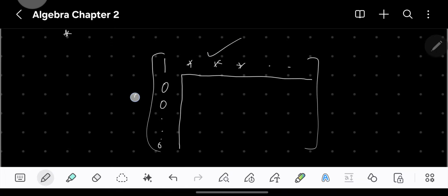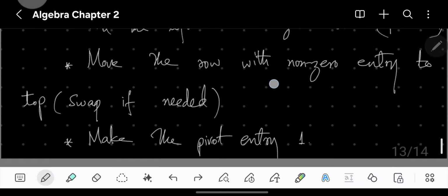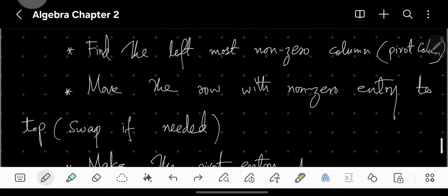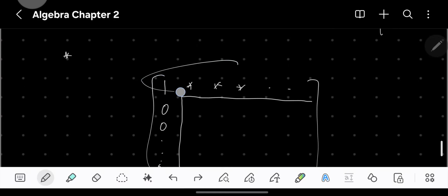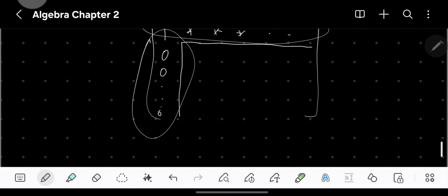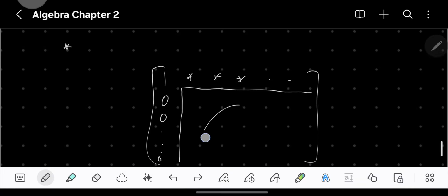Eliminating the first row and the first column, we get the submatrix. For this submatrix, we will repeat the same procedure. We have to find the leftmost non-zero column by ignoring this row and this column, because this is the submatrix.